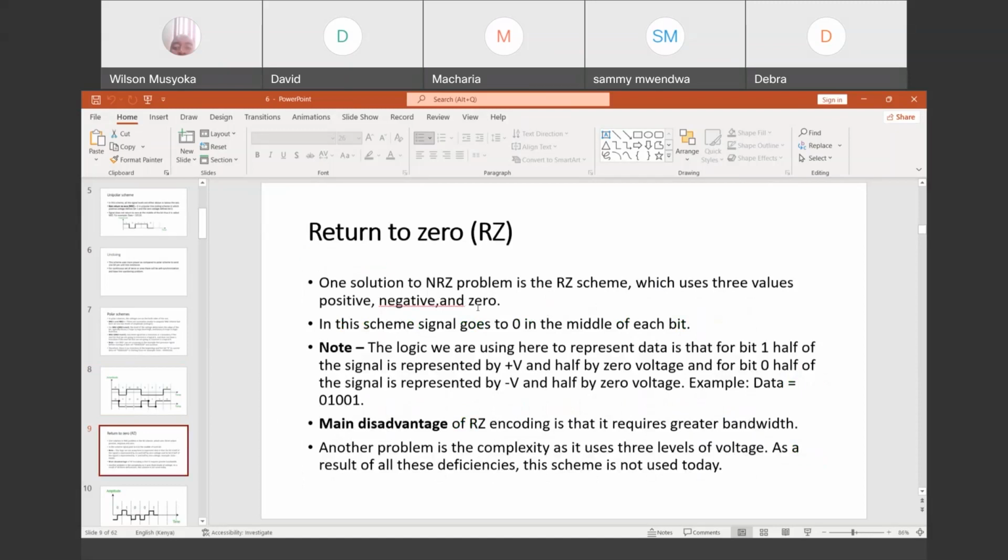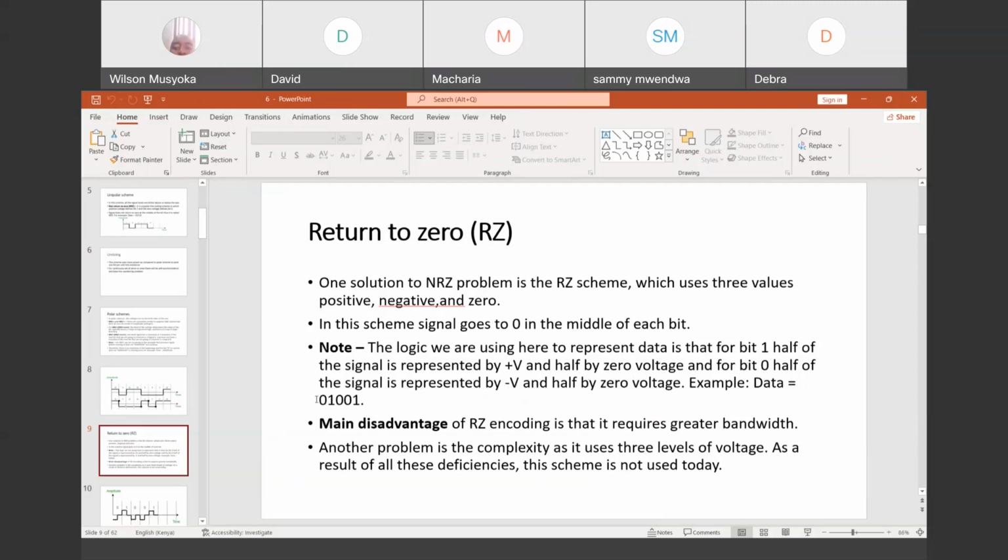And now you will find that in this logic, to represent a one bit, a half of the signal is going to be a positive value, and a half of the signal is going to be a zero value, and then the signal is represented by a negative value or a half of it.